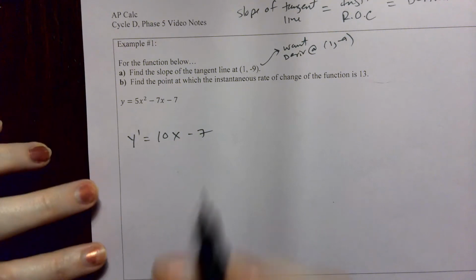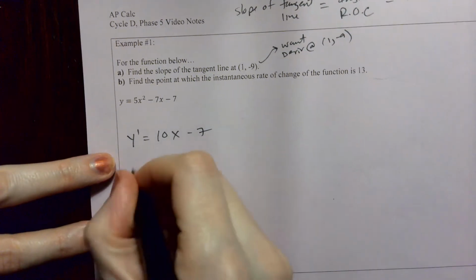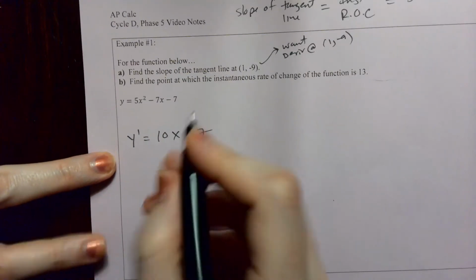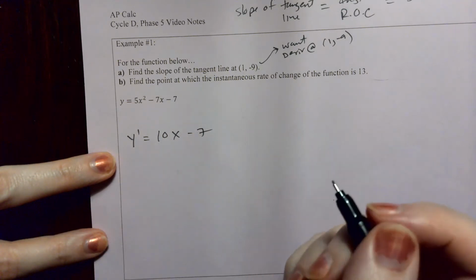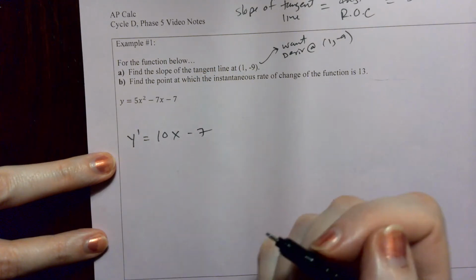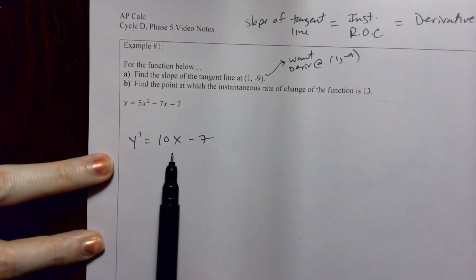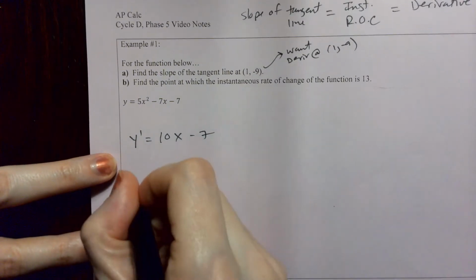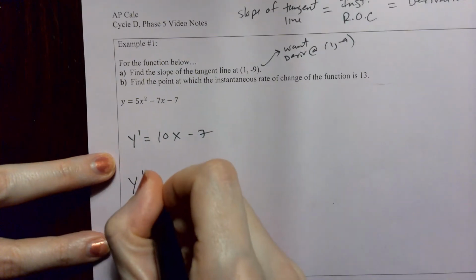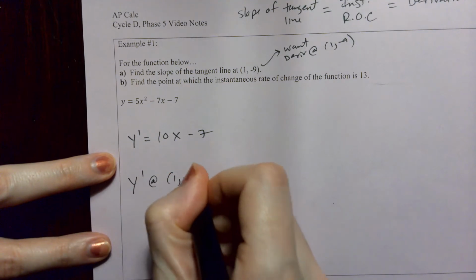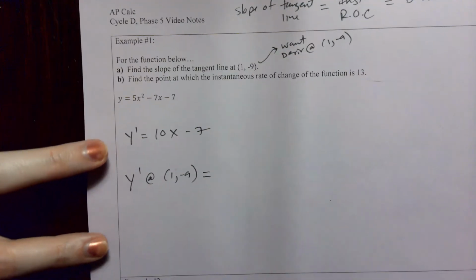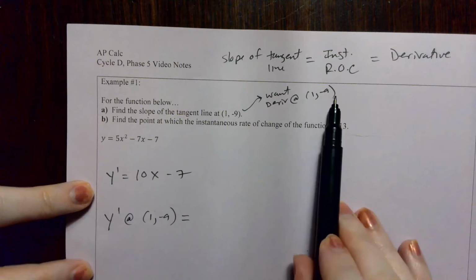So they want the derivative, so I'll write y prime. Basically I need to plug in. y prime at 1, -9 equals, okay, so here's 1, -9.